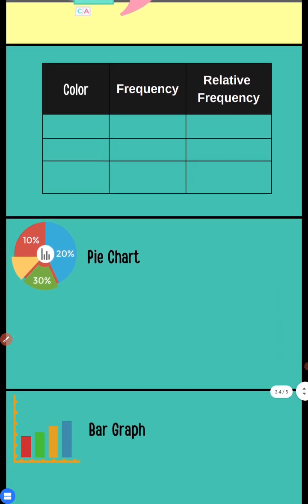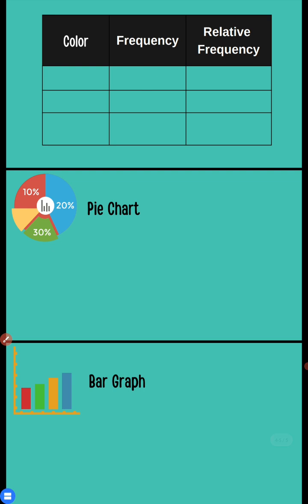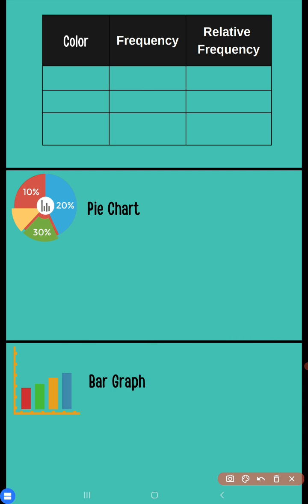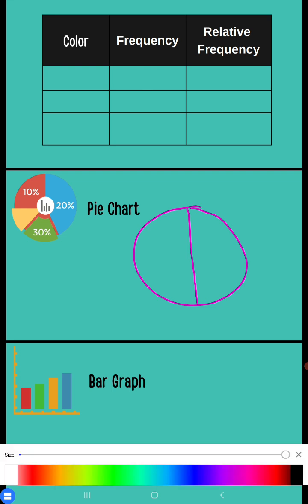Okay, we could also represent our data with a pie chart. I'm going to be honest with you, I am terrible at drawing pie charts. But if I remember what my numbers were, 7, 3, and 10, I'm going to do my best to draw this proportionally. With a pie chart, blue got half. So this side would be blue, and we'd say blue was 50%.